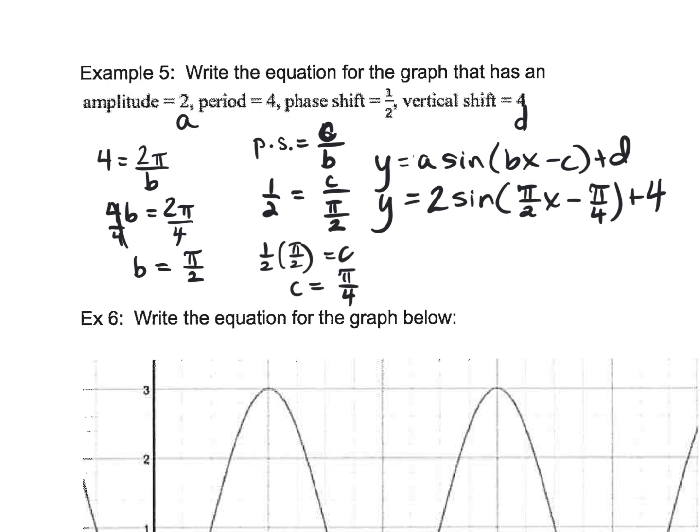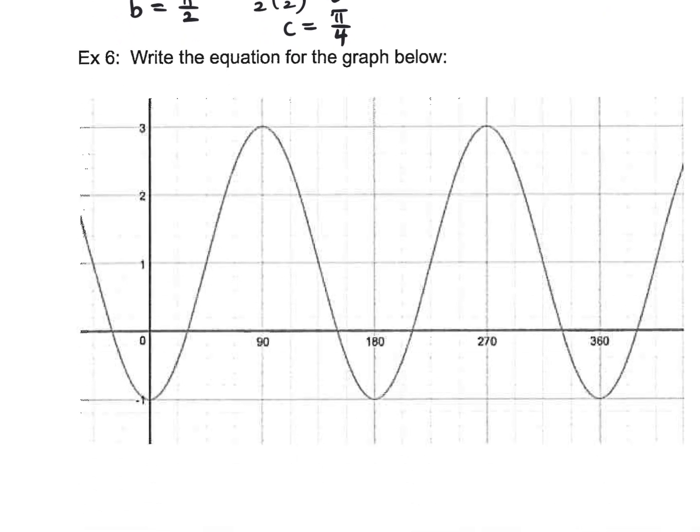Now, what if they give us the graph instead? You just got to pick where the graph is, where you want to start. Let's draw the midline in first. Where's the midline going to be on this? Where's the middle between the bottom and the top? It's at 1, isn't it? So midline's going to be right here.